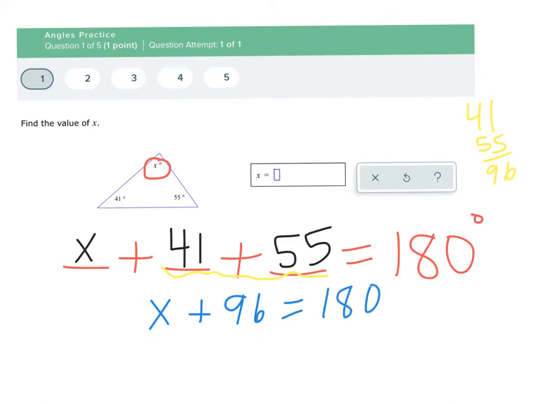So what plus 96 is 180? If you're not sure, use those inverse operations to get x by itself, and then do 180 minus 96. And then you would maybe just plug that in and double check. All three of those measures should add up to 180.